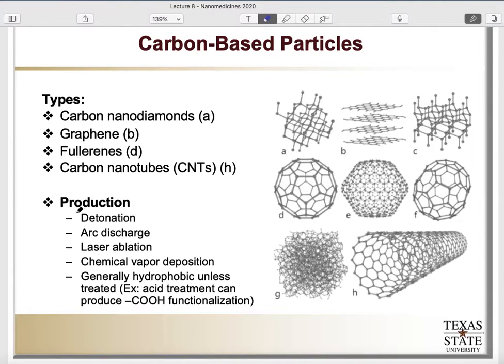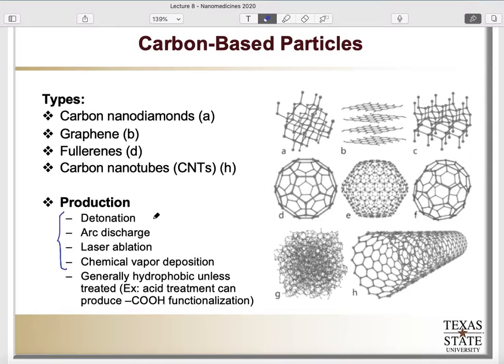Now, in terms of the production method, the production methods are listed here. And they basically include detonation or explosions, arc discharge, laser ablation, and chemical vapor deposition. Detonation is typically utilized for the preparation of nanodiamonds.